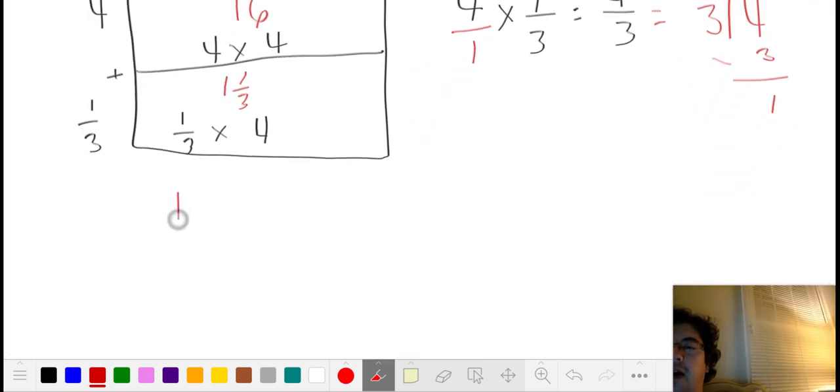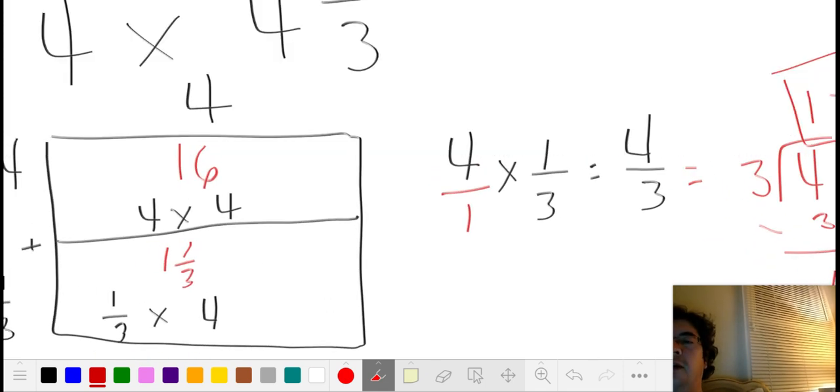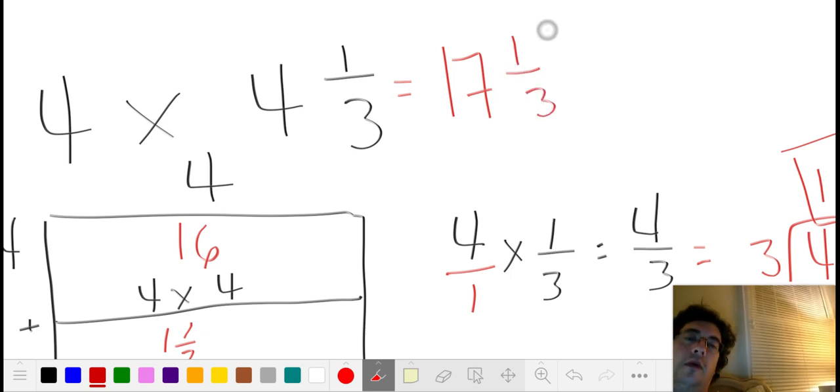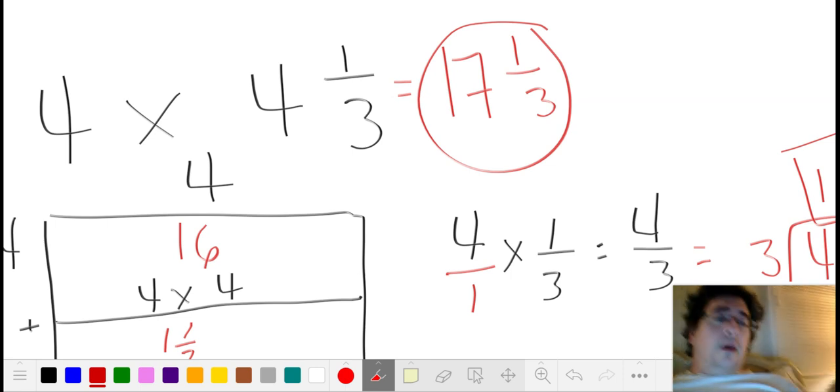So now I can add 16 and 1 1/3. And so 1/3 plus, there's no fraction with the 16, gives us 1/3. And then the 16 plus 1 gives us 17. And so we see that multiplying 4 by 4 and 1/3 using the array model also gives us 17 and 1/3.